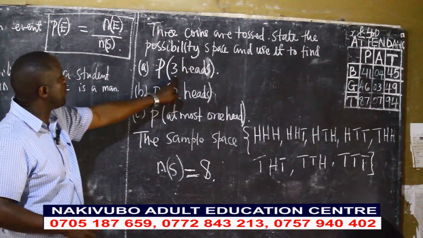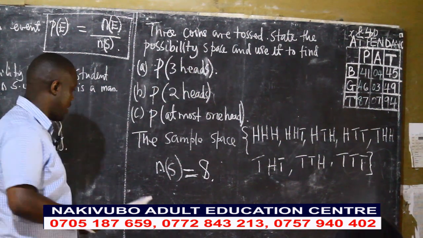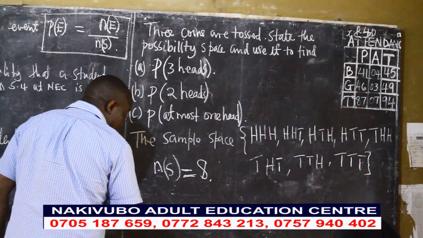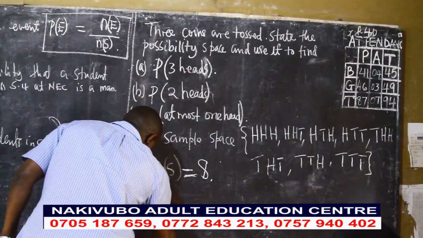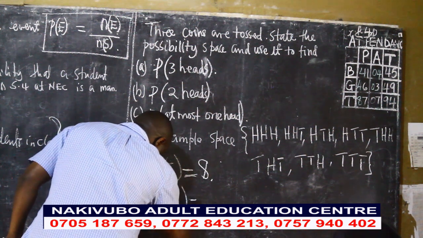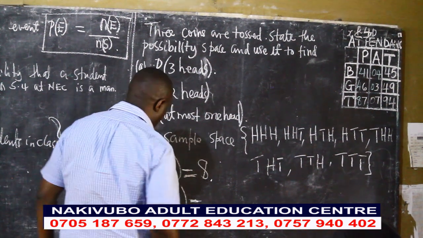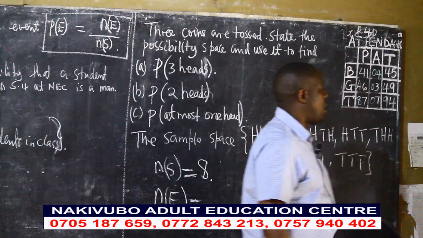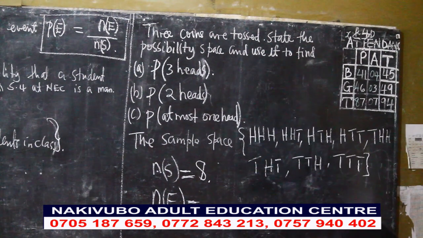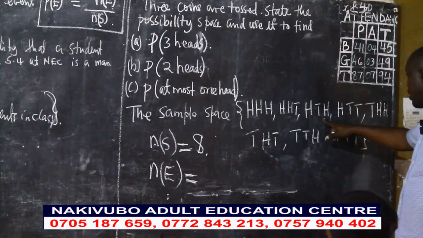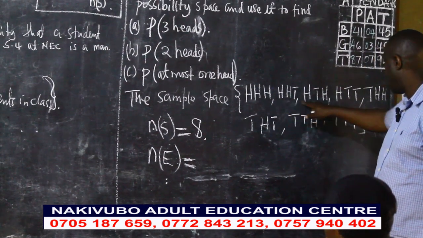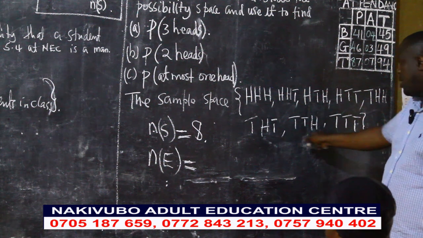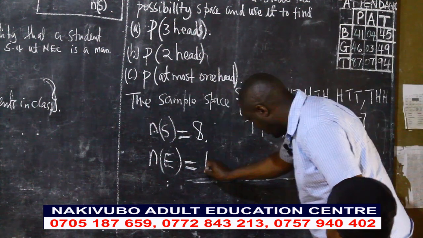Probability of getting 3 heads. The event is 3 heads. So NE is equal to how many? Well, we have 3 heads. There is only 1.